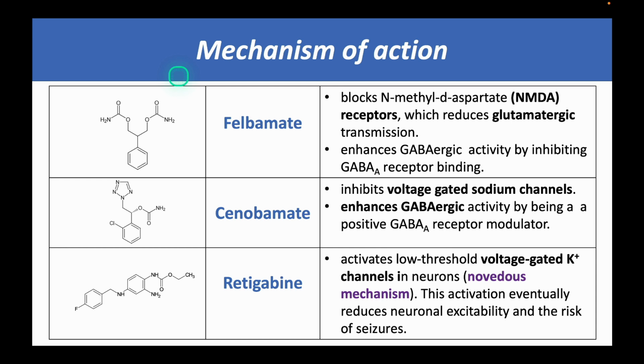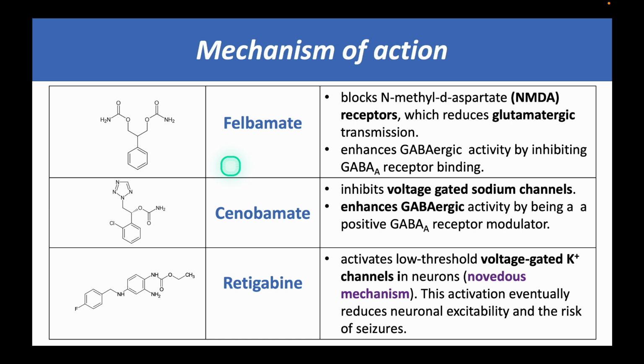These drugs are considered to have several mechanisms of action aimed at reducing neuronal hyperexcitability associated with the generation of seizures. Felbamate and Cenobamate have in common the ability to enhance the effects of the inhibitory neurotransmitter GABA, thereby reducing neuronal hyperexcitability.